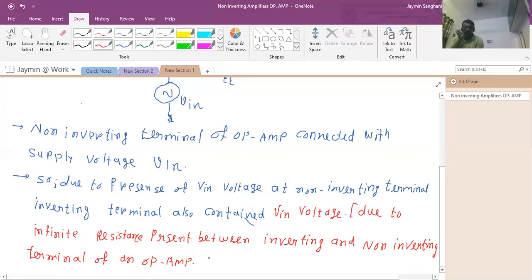Infinite resistance present between inverting terminal and non-inverting terminal of op-amp.